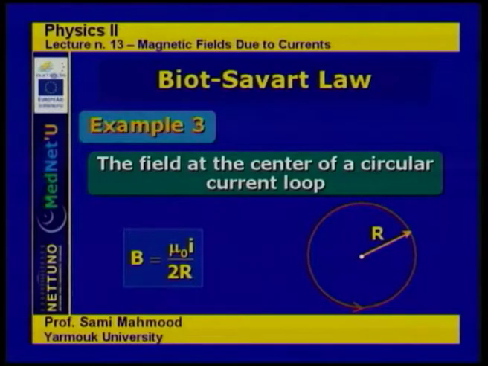We have mu naught I over 4 pi R times 2 pi, which gives mu naught I over 2R. So the magnetic field at the center of a circular loop carrying current I is equal to mu naught I over 2R, where R is the radius of the circular loop.